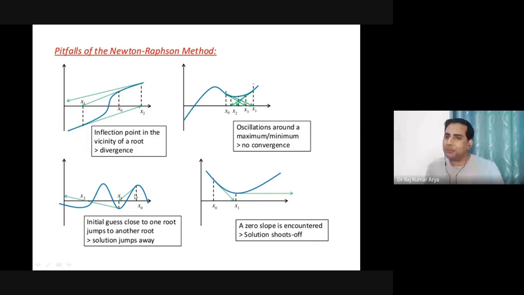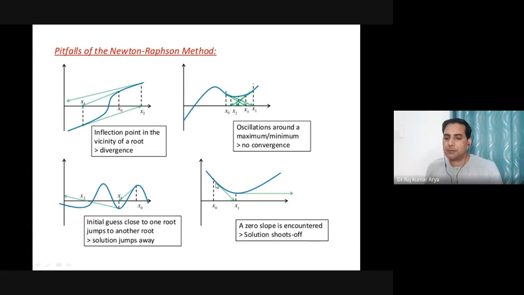Your guess was really fine, but because of the way the method changes, it has taken you away from the root completely. Now you went somewhere outside, and there is no surety that you will come back here, because from here the tangent is going again to this side. This way you will bend out from the solution zone. So you have to change your guess. This you have to take care of.